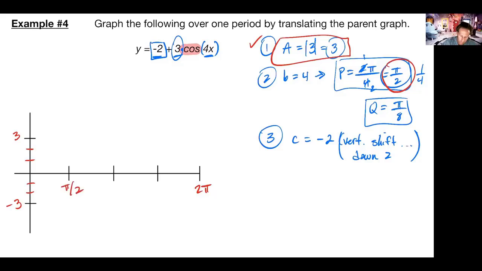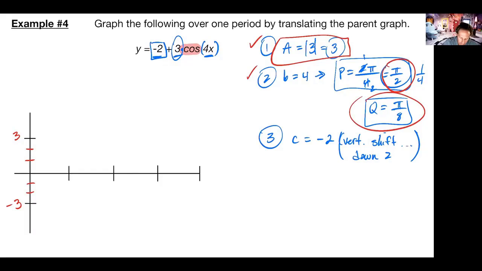So our normal one that would go from there to there would now be squeezed in that small space. So that's what we're going to be working with. And then we're going to have to look and see what our quarters would be, which we said would be pi over 8, therefore.